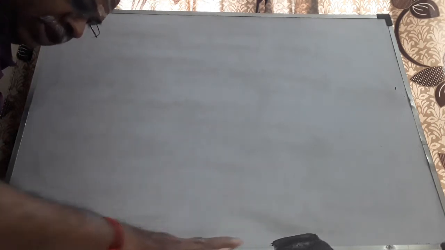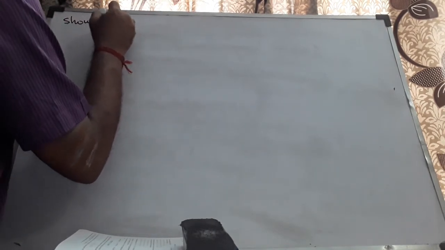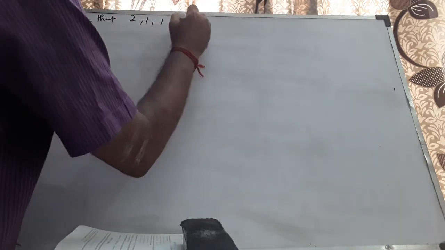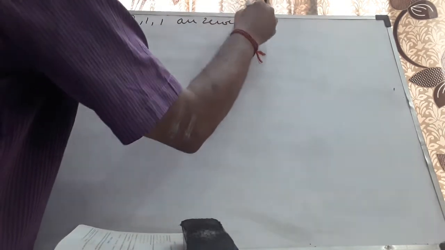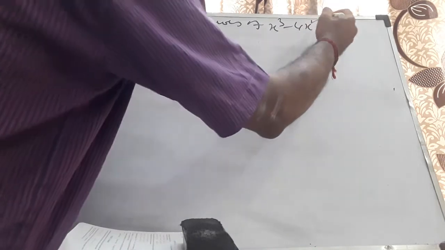Then the application part, let us see. Actually, solving cubic polynomials is not in the syllabus as such. Therefore, the question is: show that 2, 1, 1 are zeros of x cube minus 4x square plus 5x minus 2.